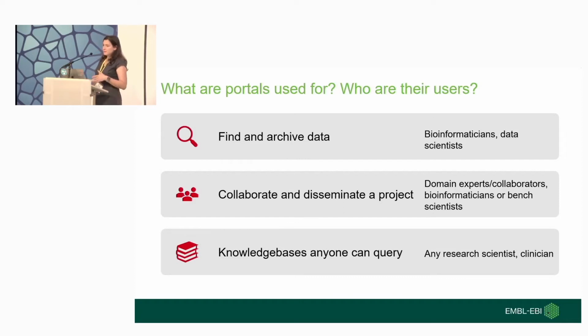Then the collaboration portals that disseminate a project are generally aimed at domain experts and collaborators, bioinformaticians or bench scientists, cell biologists, and so on. Whereas knowledge bases that anyone can query are aimed at any research scientist or clinician who doesn't necessarily know how to interpret single-cell experiments.